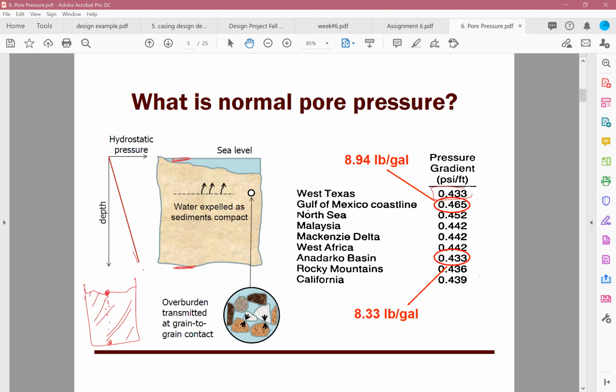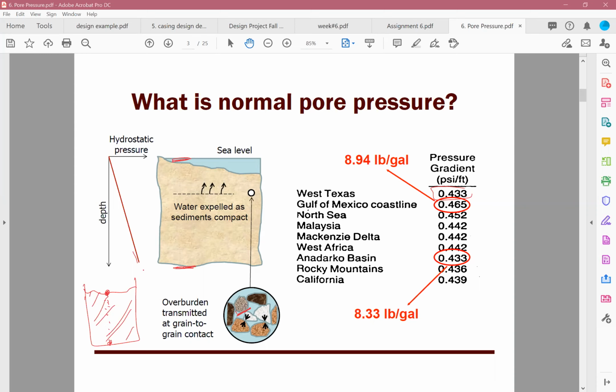There is communication between all these formations, and there is water in all those pores, which are hydraulically connected, and that causes the hydrostatic pressure to change linearly with depth. So that's the definition of normal pore pressure gradient. You can see here that these pores are connected together and all have water.